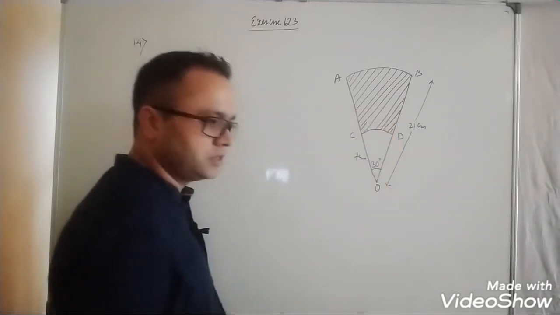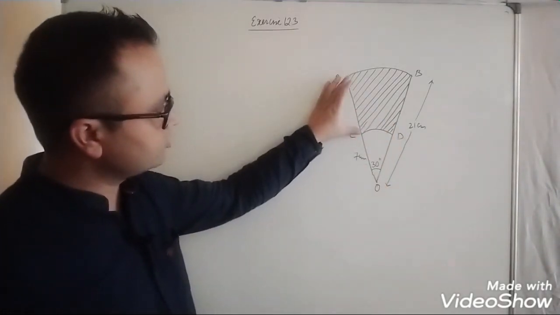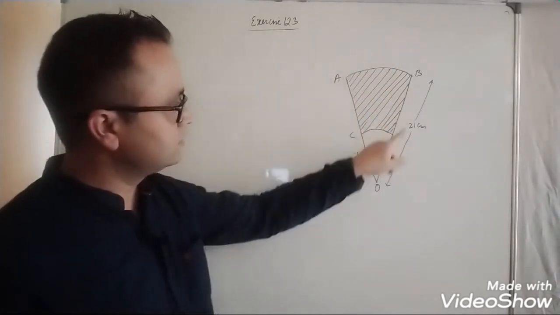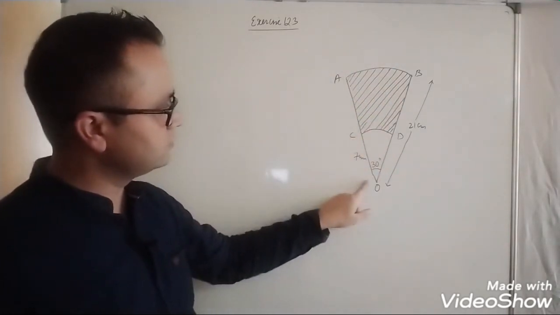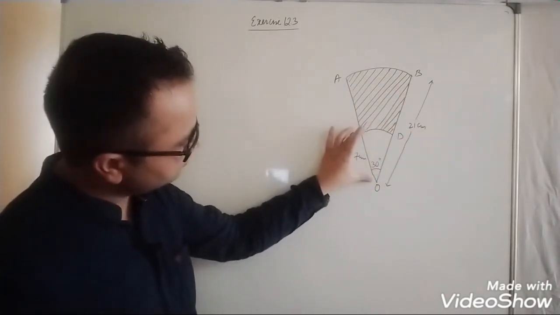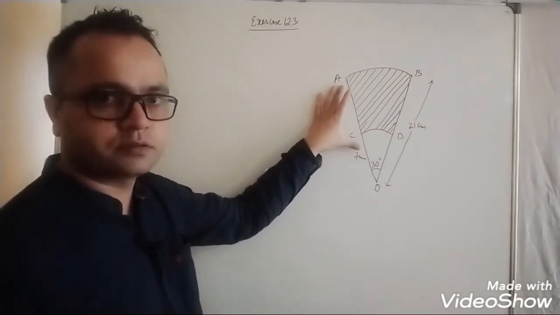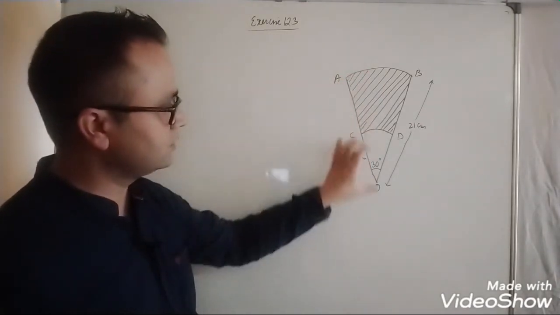This part is the shaded region. To calculate it, we have to subtract this small sector from the larger sector, and we will get the shaded region.